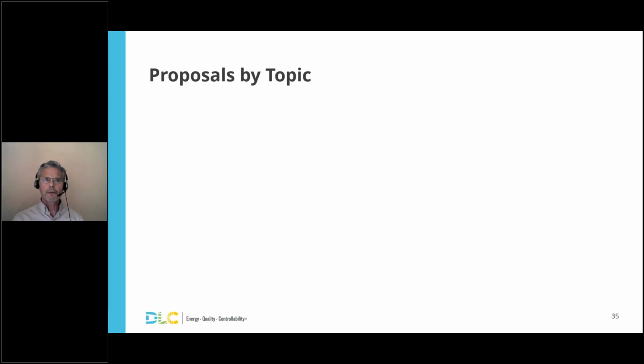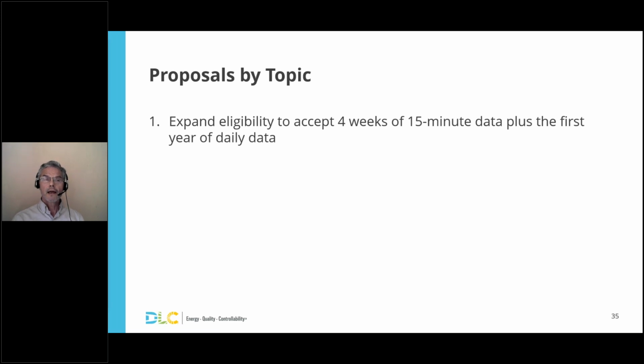The topics of proposed changes are summarized here. First, expand eligibility to accept 4 weeks of 15-minute data plus the first year of daily data to reduce the burden of compliance in terms of record length and of long-term maintenance of energy reporting accuracy.